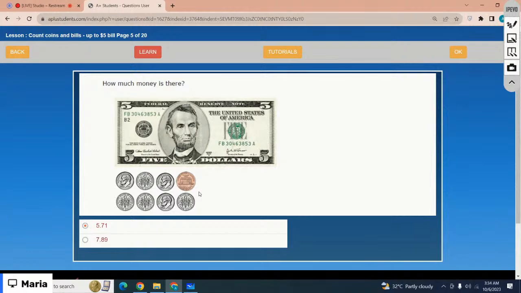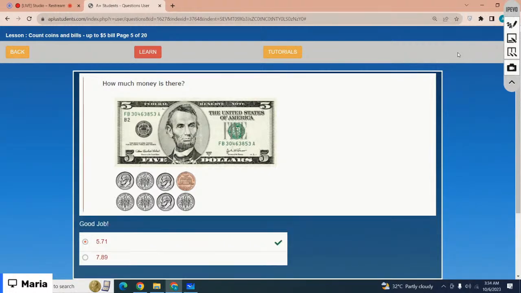One, two, three, four, five, six, seven. You have a penny. So other than one, all of them were dimes. You can count the dimes by tens. So you have seven, that means you need to add 0.70, and you have only one penny. You need to count it by one, so that would be 0.01. So when you add them, that makes 5.71, right?